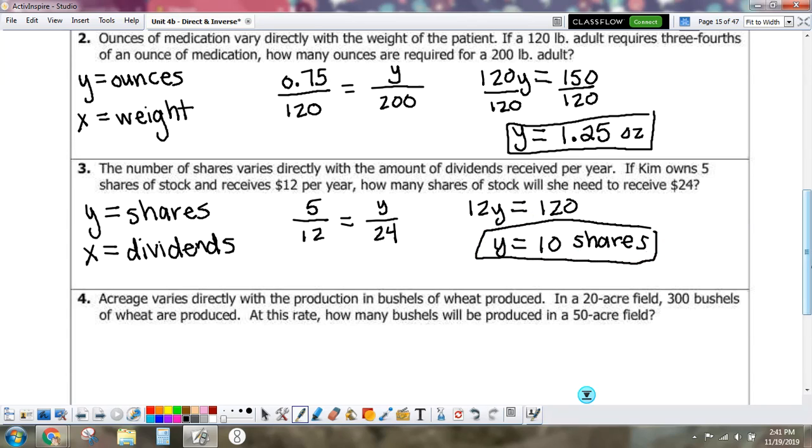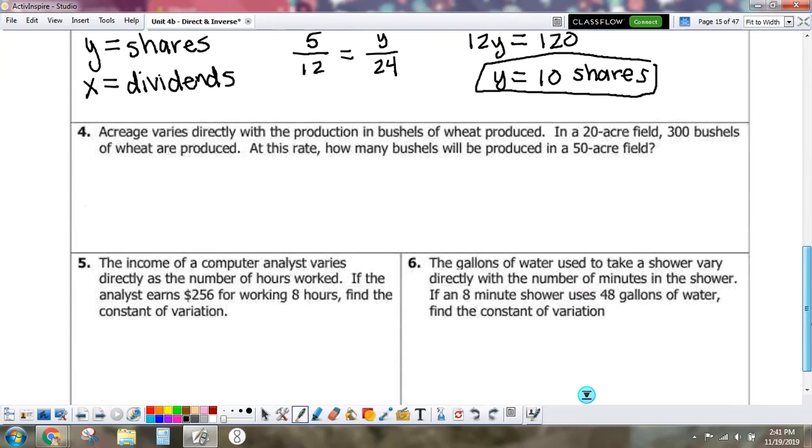All right, let's try number 4. For number 4, you should have had your Y is your acreage, your X are bushels. So you set up your proportion.